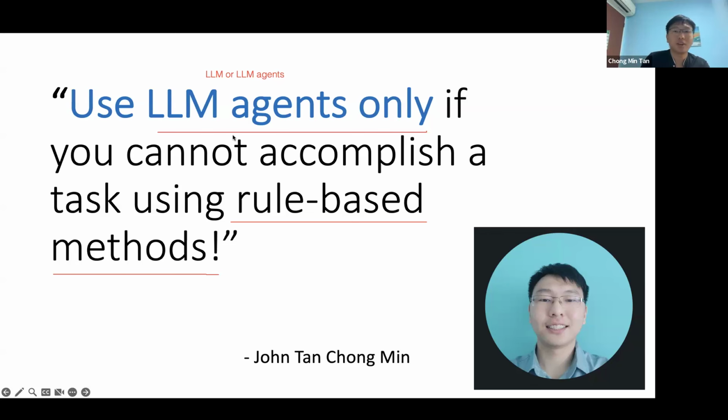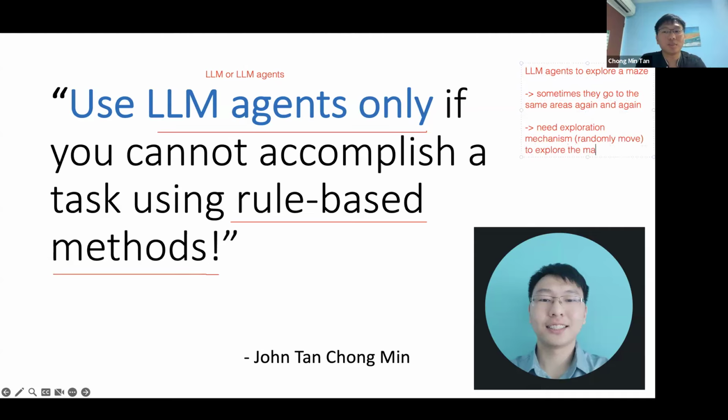In fact, if you try to use LLM agents to explore a maze, you realize that sometimes they go to the same squares, same areas again and again, because of the training data. So you also need some exploration mechanism that sometimes randomly moves and so on to explore the grid, the maze, fully.